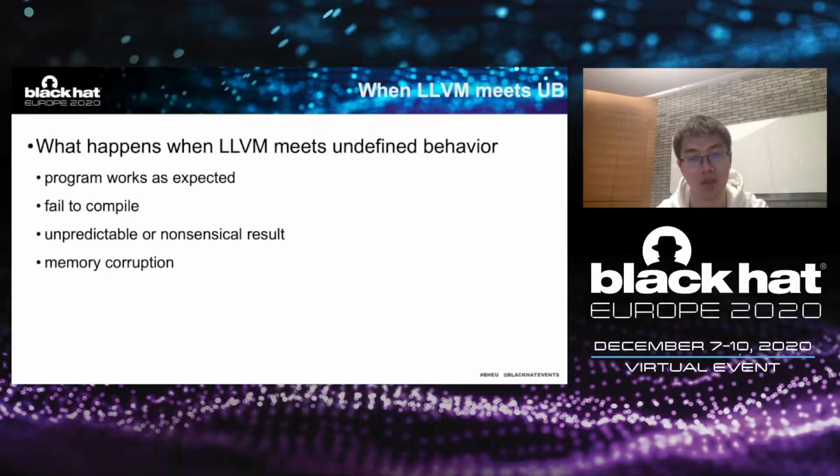What's the consequence of executing undefined behavior? Actually, anything is possible. Maybe nothing wrong happens, and the program works as expected. Or it may fail to compile, or output a non-predictable or nonsensical result, or even crash.